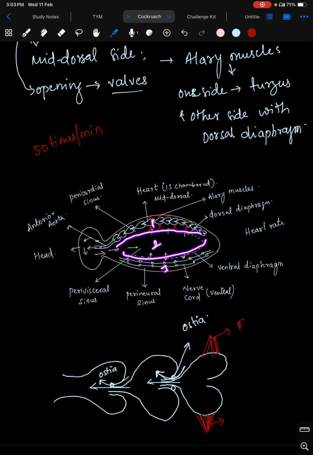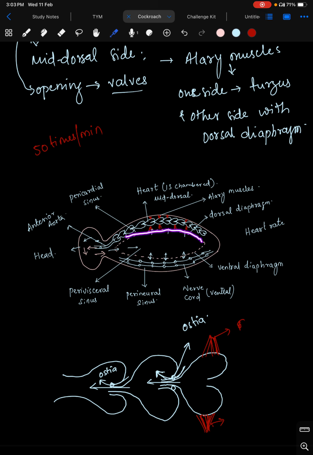Here one, two, three. The cavity or the sinus in which the heart is present is known as the pericardial sinus or pericardial cavity.